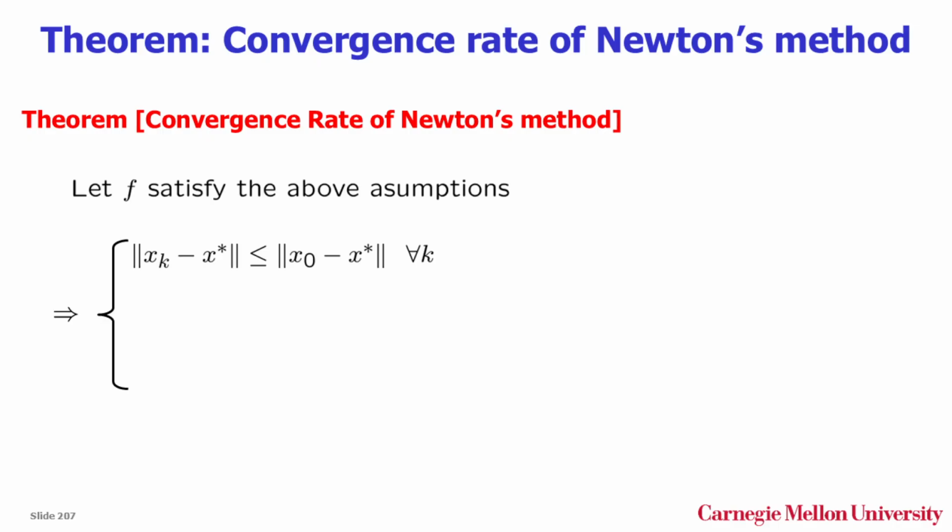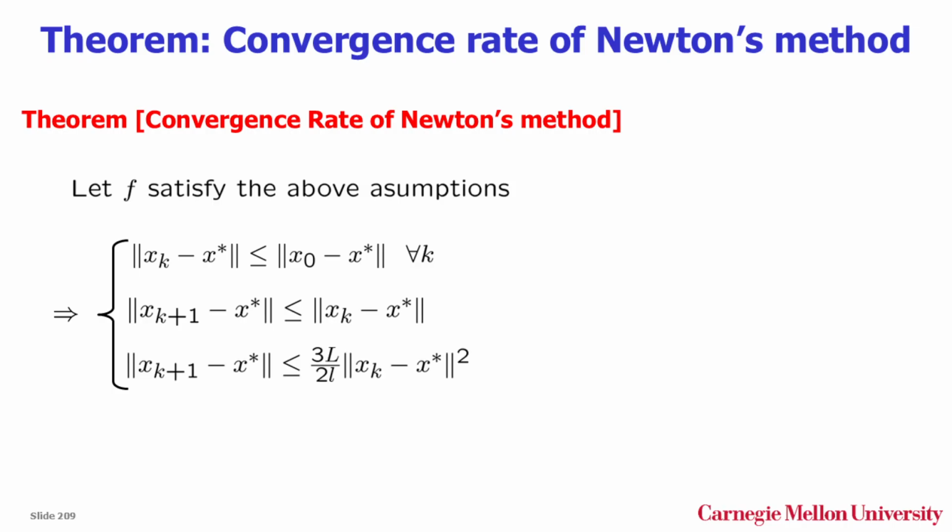The norm of x_k minus x star is upper bounded by the norm of x0 minus x star for all k. That is, the error at iteration k is never larger than the initial error. We can also prove that the norm of x_{k+1} minus x star is upper bounded by the norm of x_k minus x star.